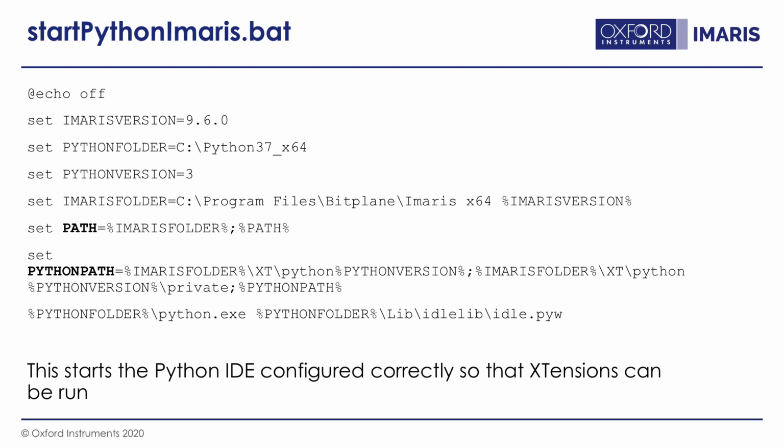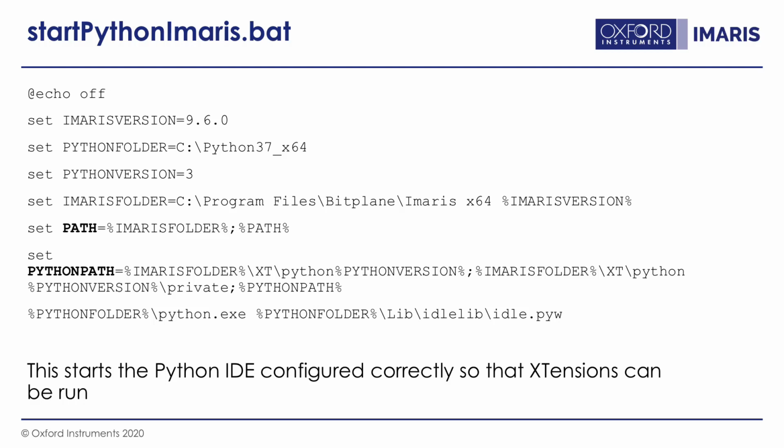This is the code of the batch file, and what it basically does is set the path here in bold, and set the Python path.